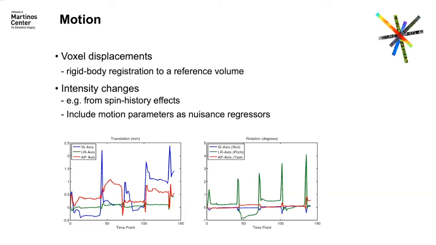This kind of displacement can be corrected by rigid body registration to a reference volume, for example the first volume of the scan or an average volume. So you will transform all the volumes to be in the same space.